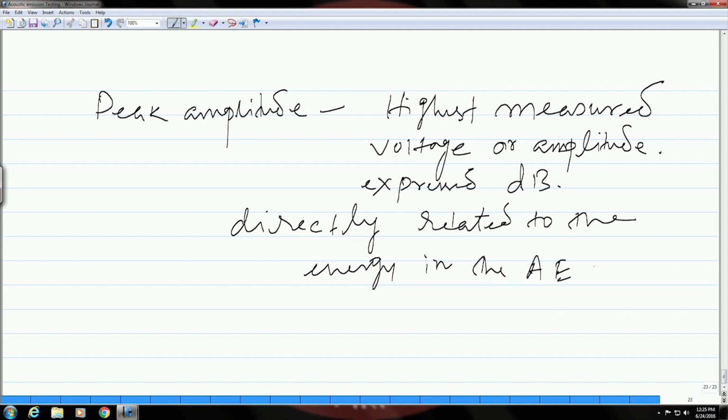So, that means the higher the peak amplitude is, the higher is the energy in the acoustic emission signal.